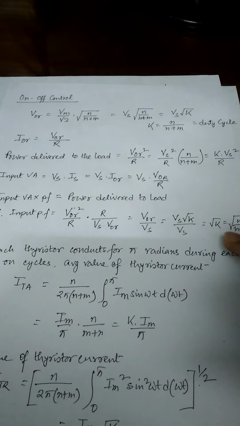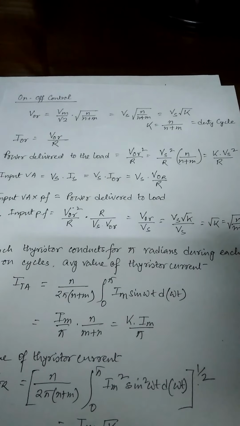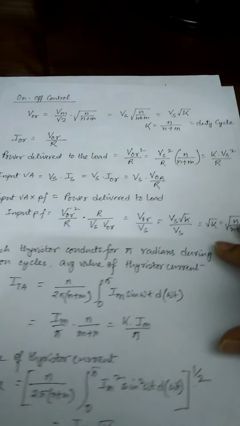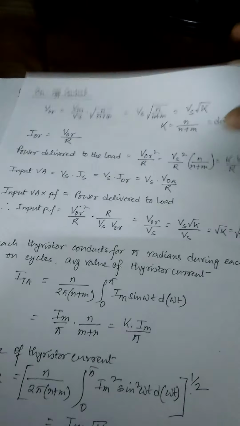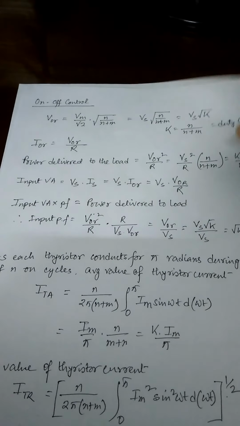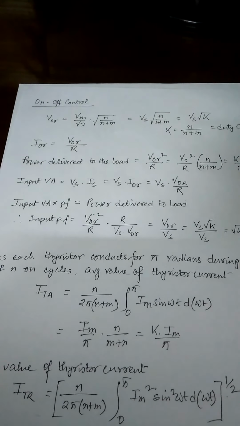One is as a phase control device, another is as an integral control or on-off control. And also we have done the mathematics part, that means the RMS voltage and current calculations. Now firstly today we are doing some mathematics, some derivations of the on-off control system.